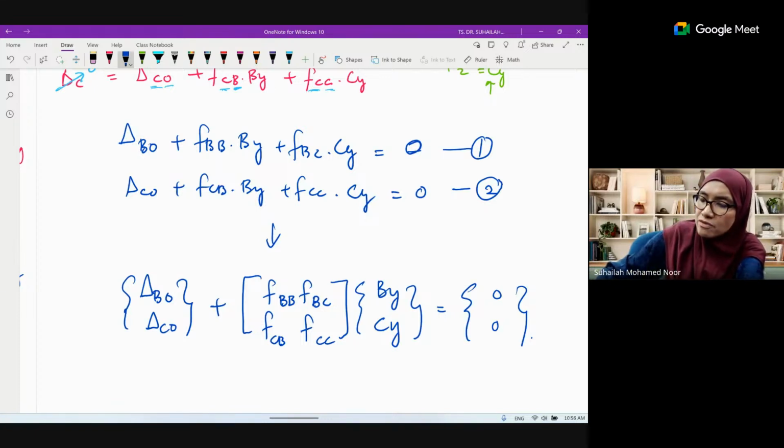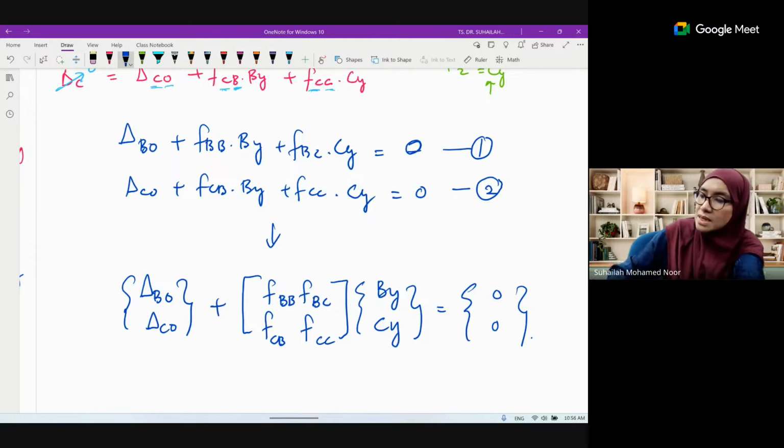Okay, so we have grouped now. We group the two displacements in the primary system, delta B naught and delta C naught, and we group all 4 displacements in the redundant system. It is a 2 by 2 matrix, following the matrix characteristic BB, BC, CB, CC, times B_Y and C_Y. Try expanding it back. Can you get the top equation? F_BB B_Y, you get it, right? The last term is in the actual system.